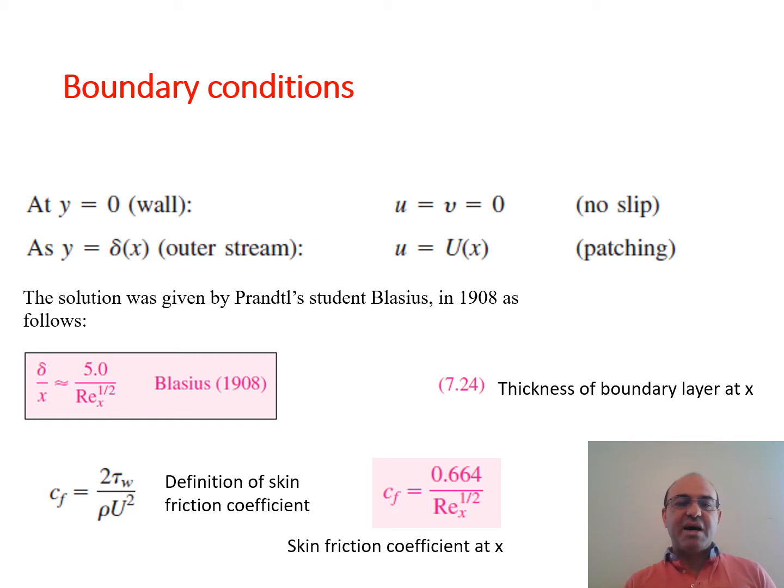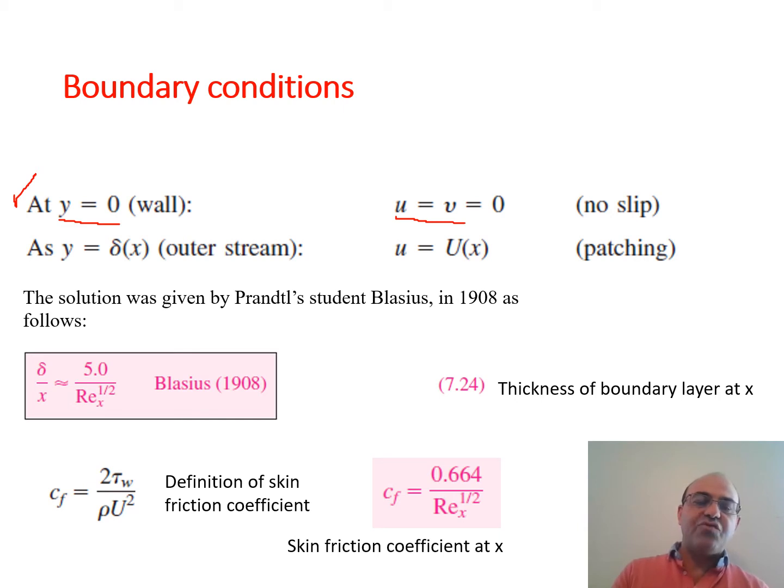Before that, let's look at the boundary conditions as well. Usually when we have differential equations, we need to specify boundary conditions in order to solve the equation, as you remember from the differential equations course. Those partial differential equations are subject to these boundary conditions: on the wall, at y equal to 0, both components of the velocity are 0, u equal to v equal to 0, the no-slip condition.